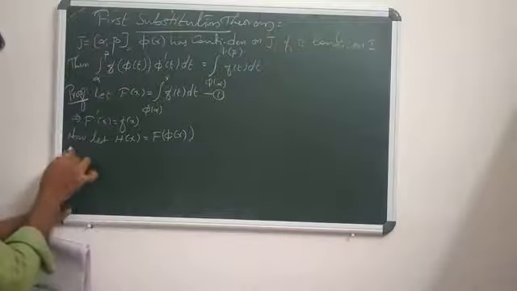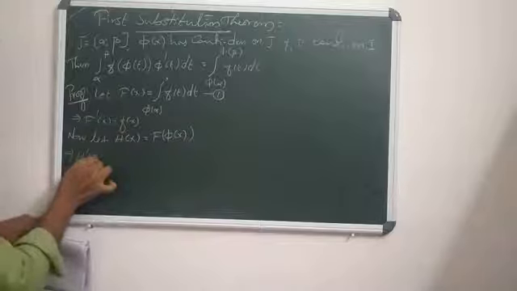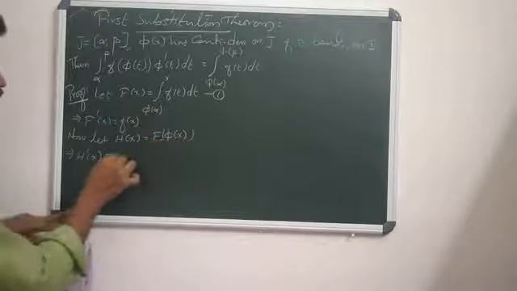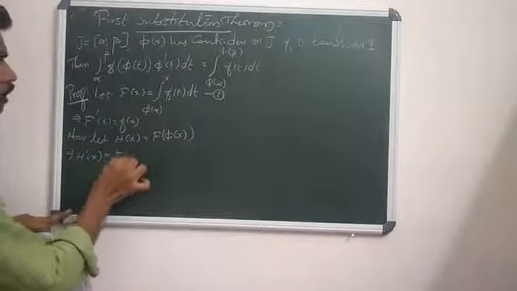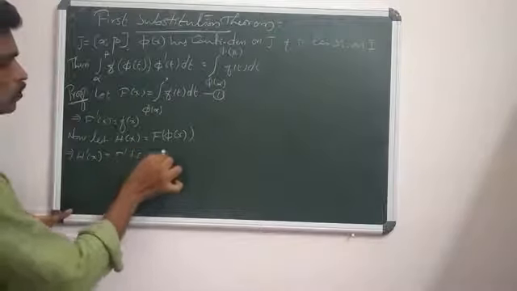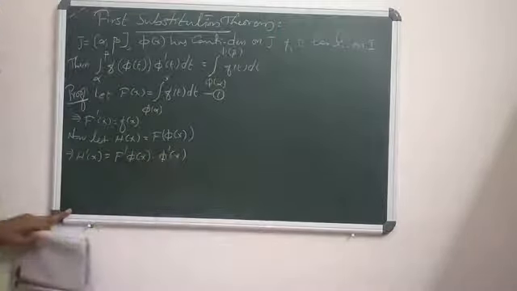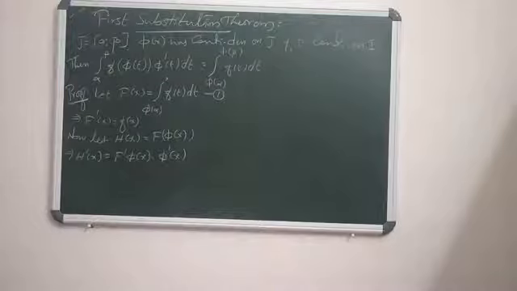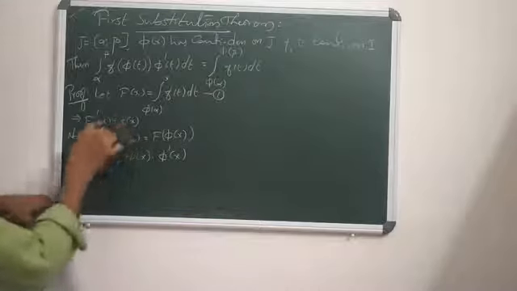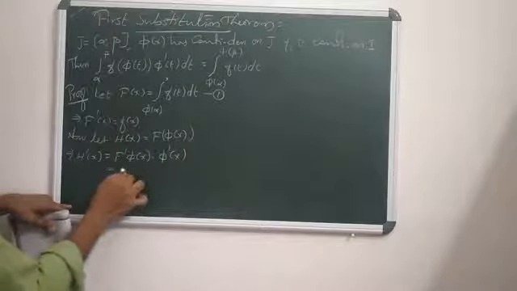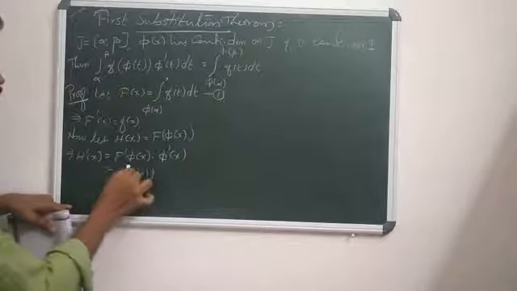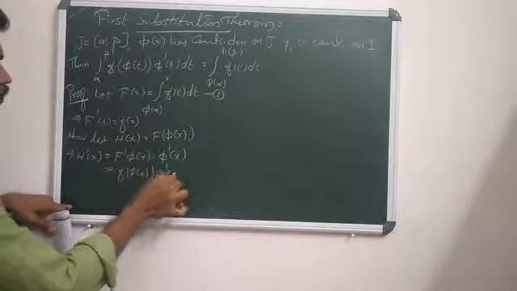So from here, what is h dash x? Taking the derivative, it is F dash of phi of x into phi dash of x. H dash x equals F dash of phi of x into phi dash x. But what is F dash? F dash equals small f. That is small f of phi of x into phi dash x.